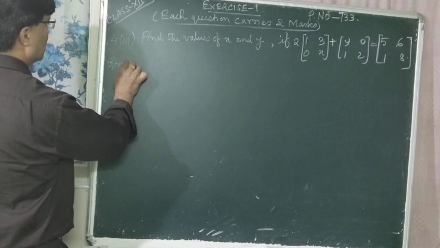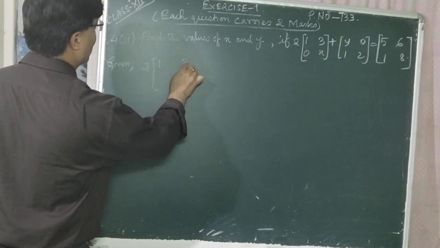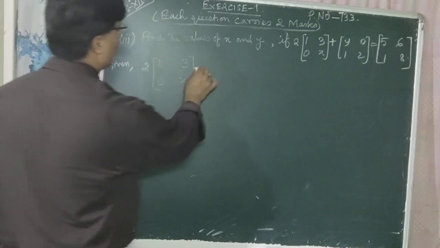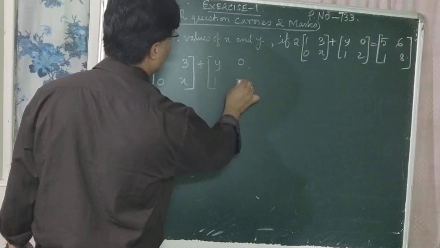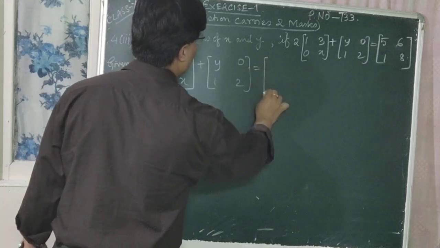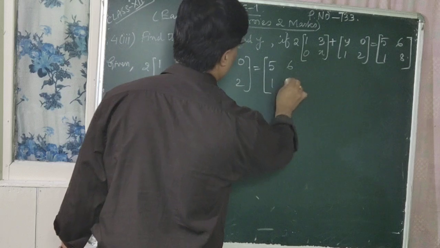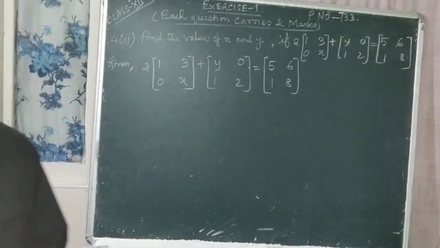So here given is 2 times [1 3; 0 x] plus [y 0; 1 2], which is equal to [5 6; 1 8] on the right hand side. Let us simplify this given equation.